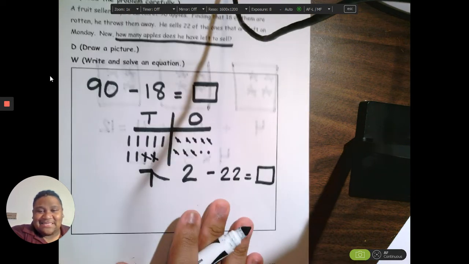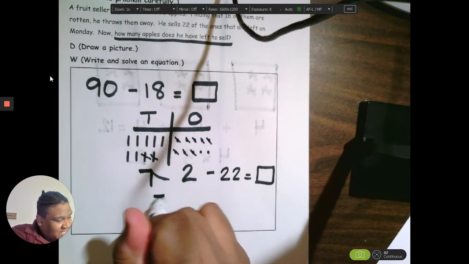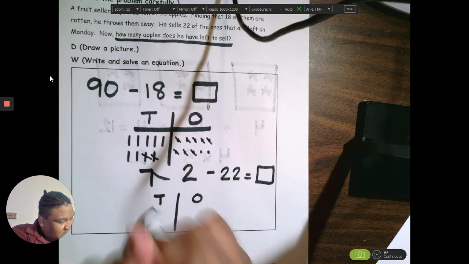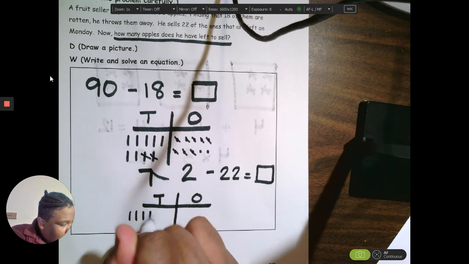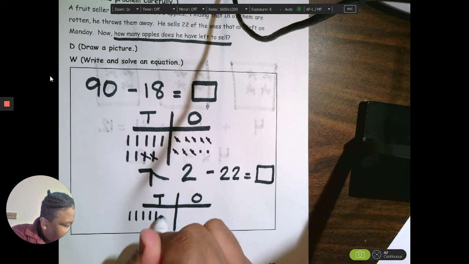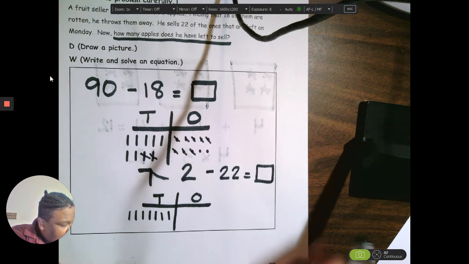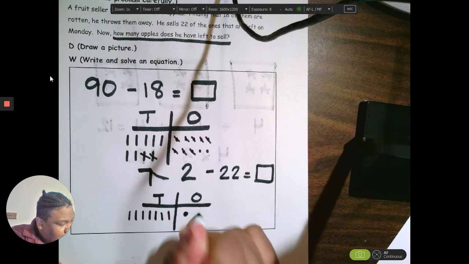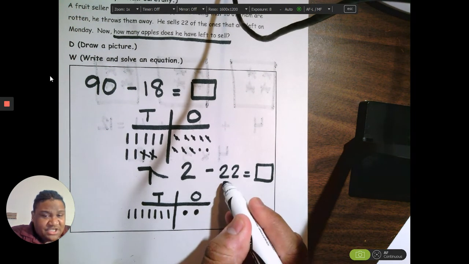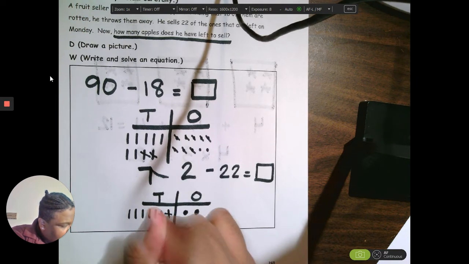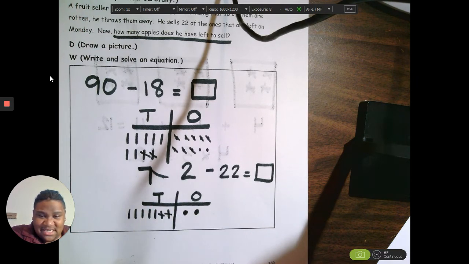And I can use that same strategy. Tens and ones. I have my 7 tens in 72 and my 2 ones in 72. I must get rid of 2 tens. So I eliminated my 2 tens.